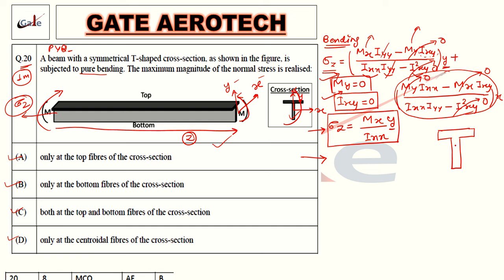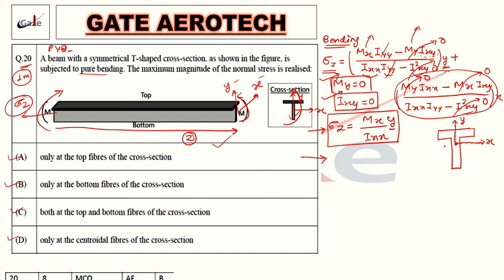So the centroid will be somewhere here, if you calculate the centroid of the T section, or if you have practiced finding centroids of different shapes, you know this. So this is the y-axis and this is the x-axis.